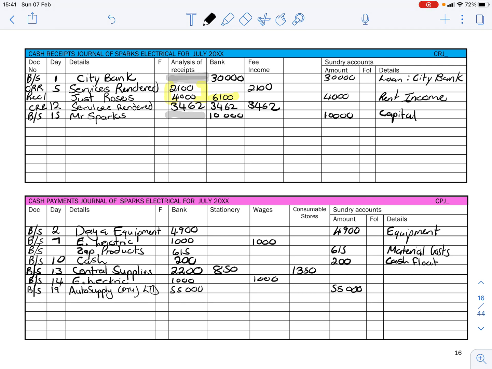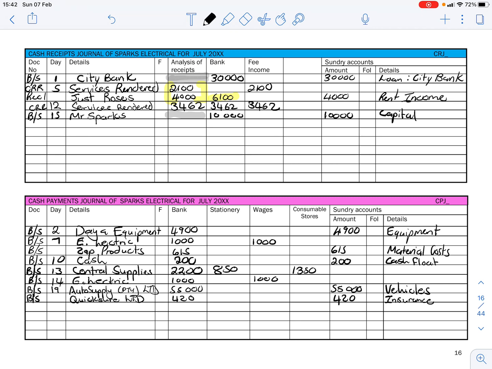We are buying a second-hand vehicle, so the detail would be vehicles. On the same day, we paid 420 Rand towards the insurance of this car to Quicksure Limited. So we are paying Quicksure Limited, and the amount was 420 Rand. And the sundry 420 with the detail insurance.